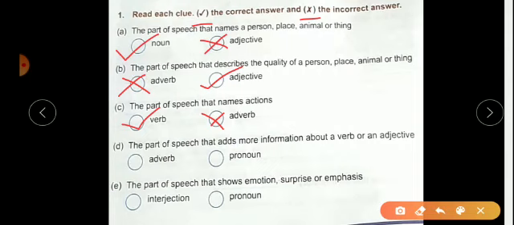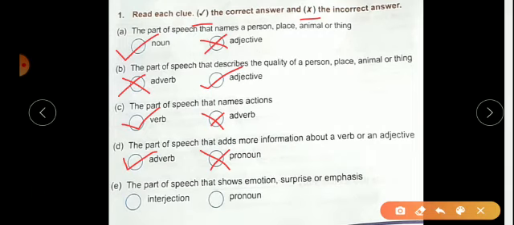The part of speech that adds more information about a verb or an adjective. For this we call adverb.